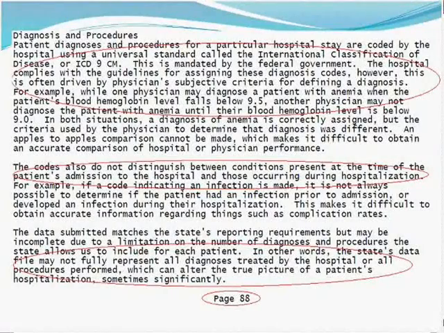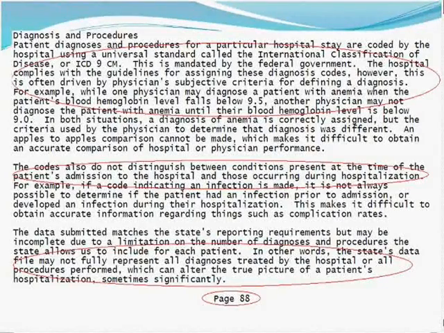So in other words, yes, we have some data on, for example, anemia, but we need to be careful because we're being told that that definition in the ICD-9 code is dependent upon individual judgment from physicians, and so this can be misleading.